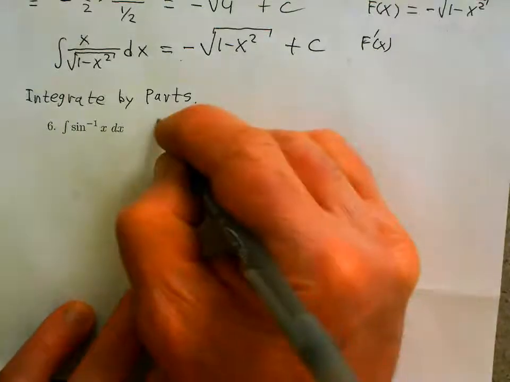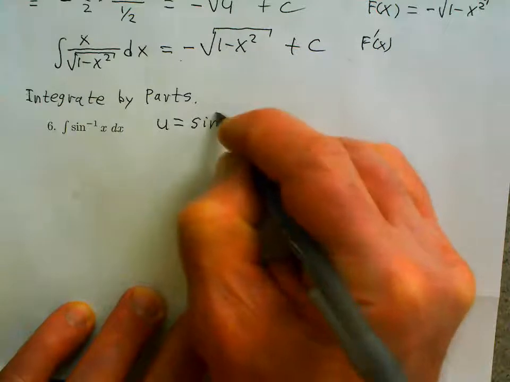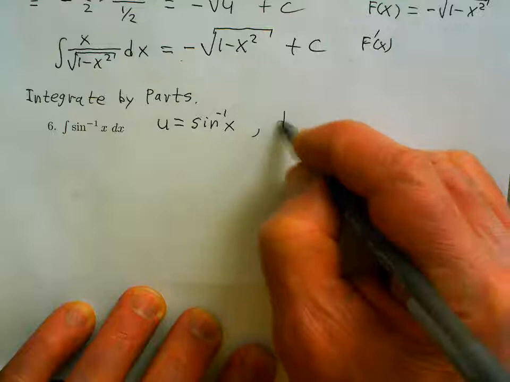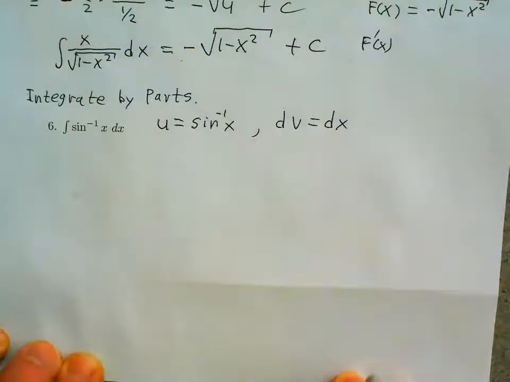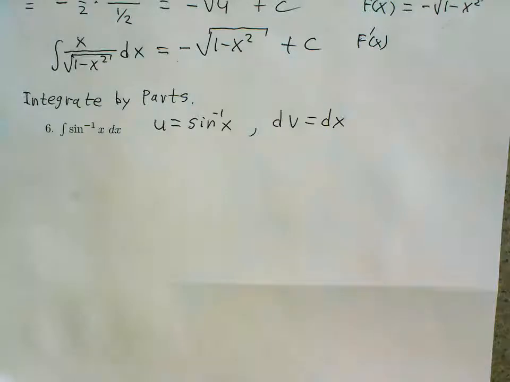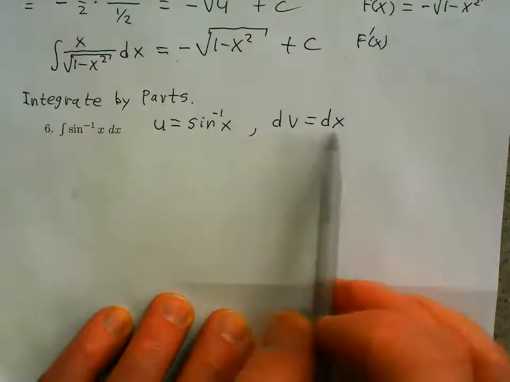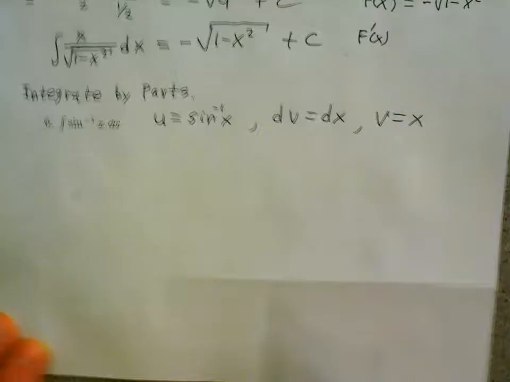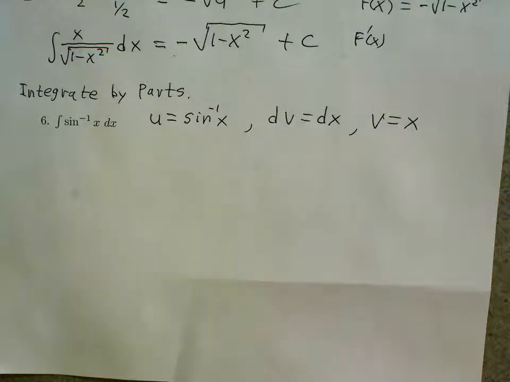So if we pick u to be inverse sine of x and dv to be equal to dx, so I always want to do my fair share, so I'll do half of this. If dv equals dx, then v equals x. So you do the other half. If u is equal to inverse sine of x, what's du?